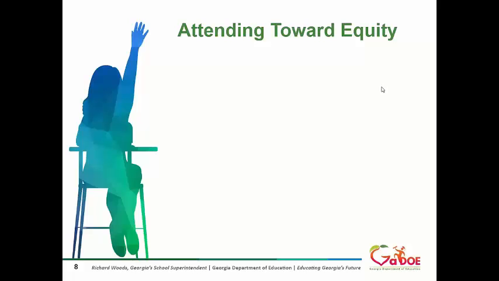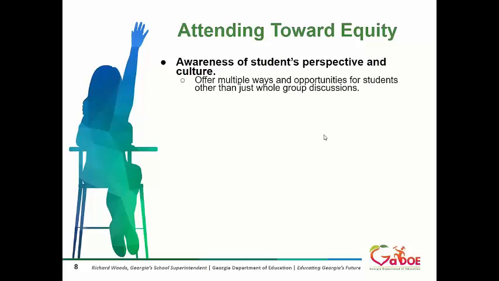I have a saying I tell myself: whoever's doing the talking is doing the learning. So I want to know what all my students think, and I want them to feel comfortable and safe doing so. Some things to consider are awareness of a student's perspective and the culture that they live in.